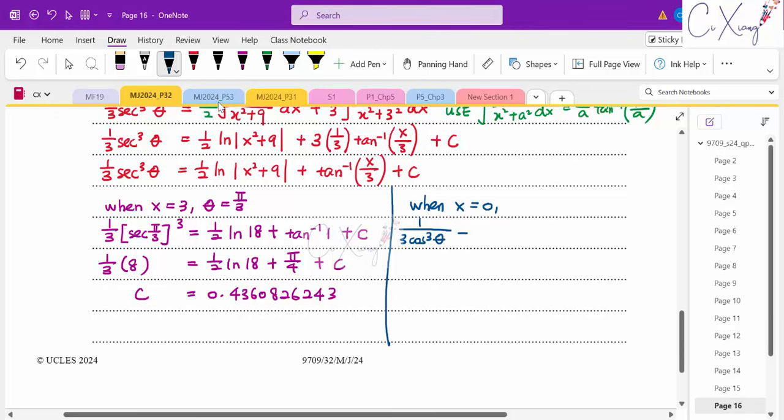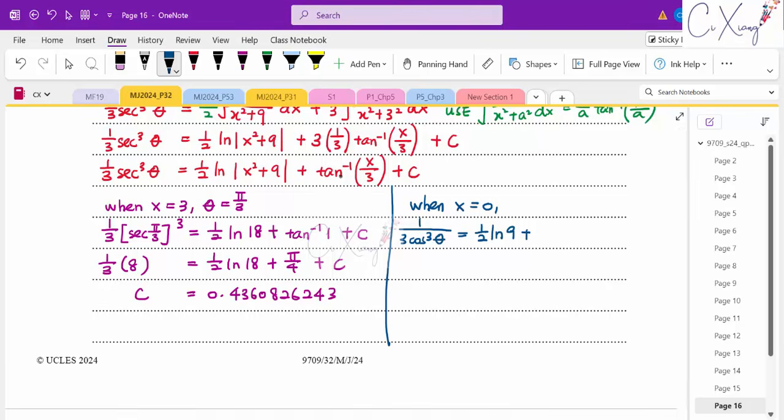I don't know the theta. Then I'm having half ln (0 plus 9), I get 9. Then tangent inverse 0 over 3 means tangent inverse 0, which also gives 0. Then plus c. So c is this long value here.